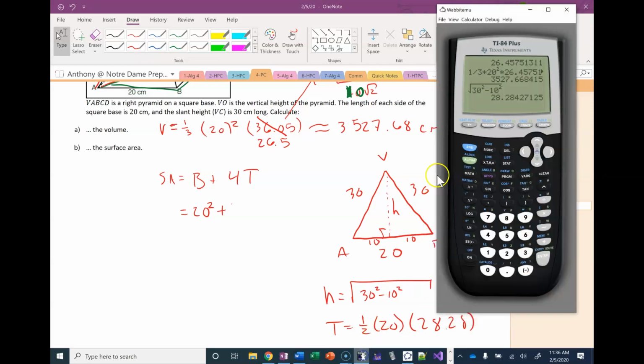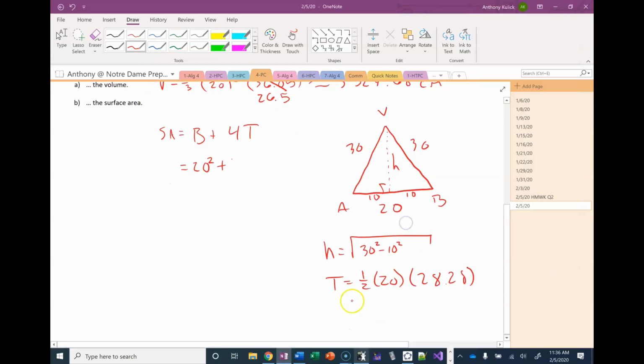So if I do that real quick, 1/2 times 20 times that previous answer gives me 282.8.